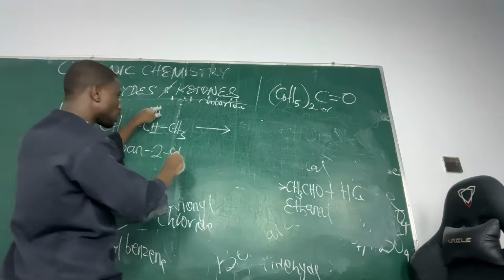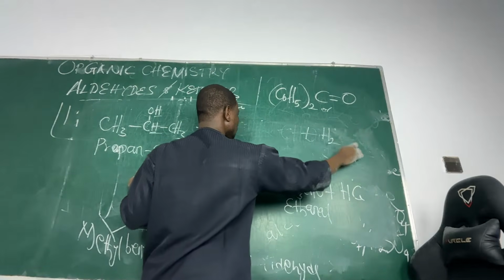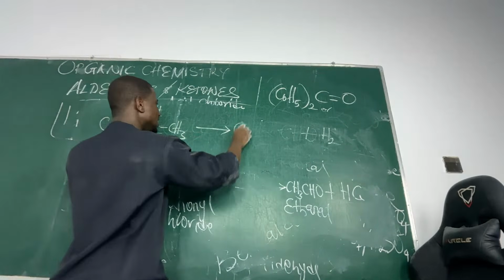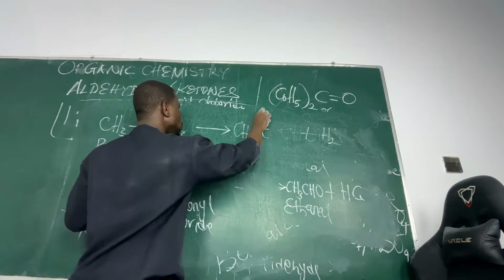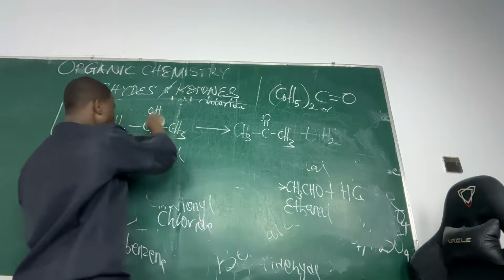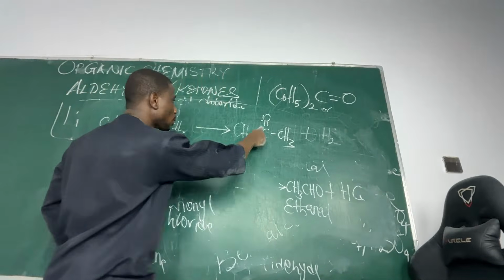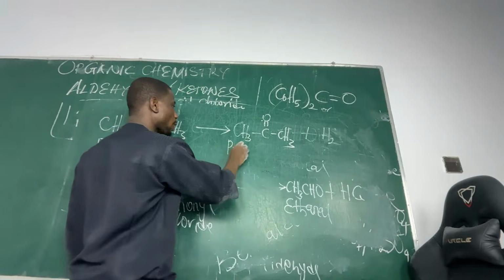So when we remove these hydrogens, we're going to have CH3, C double bond O, CH3. We have removed these two hydrogens. Are you with me? This C double bond O represents alkanone. So we call it propanone.